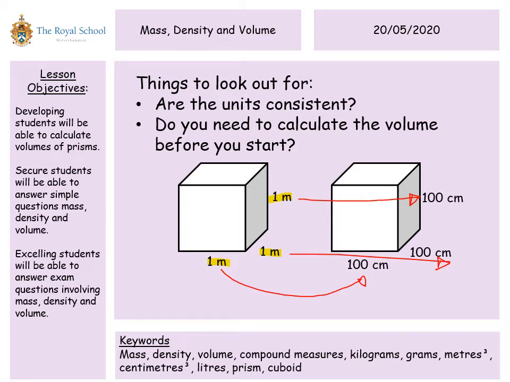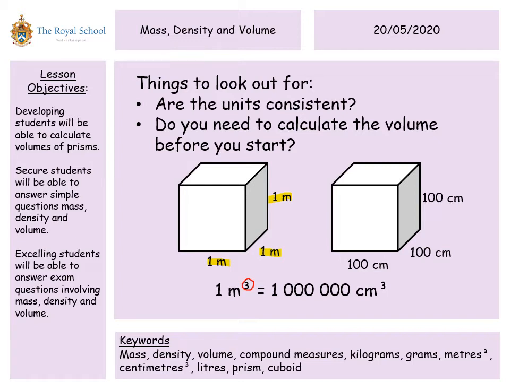Now, if you're working out the volume of a cuboid, then we do length times width times height. So actually we need to do 100 times 100 times 100. So that's actually going to give us 1,000,000 centimeters cubed. So another way of looking at this is you take your conversion rate, which is 100 for your regular units, and because we are looking at cubed units, our conversion rate is actually that 100 cubed, 100 times 100 times 100.